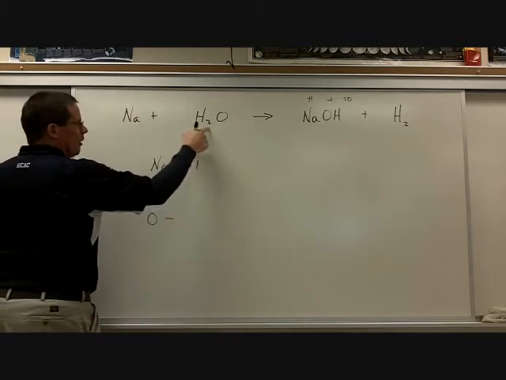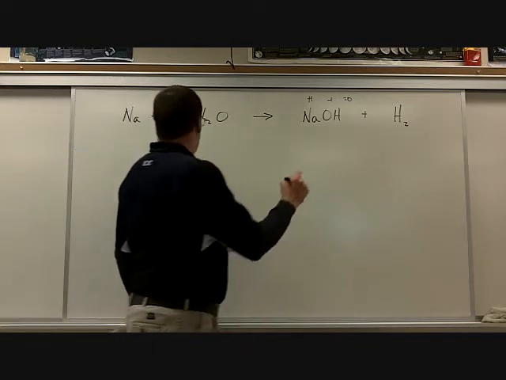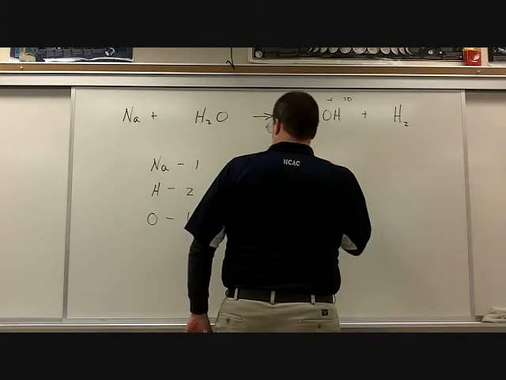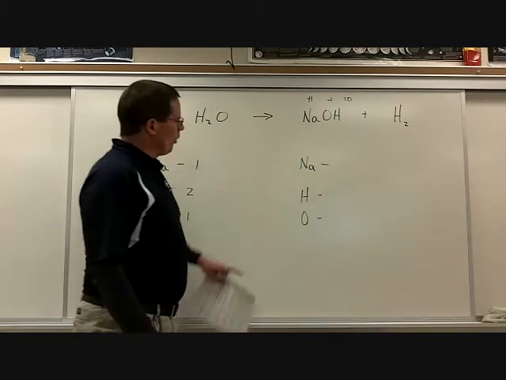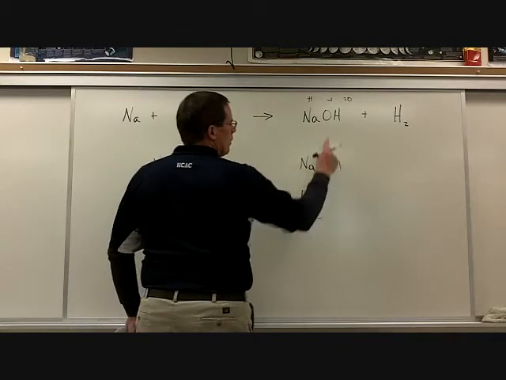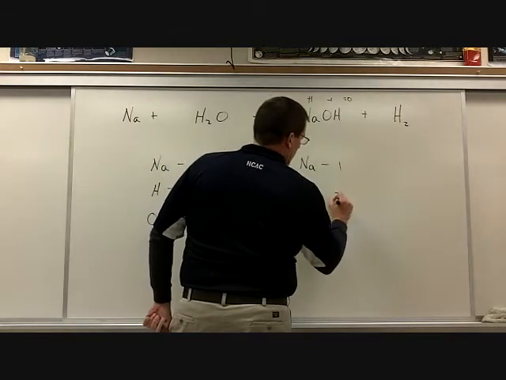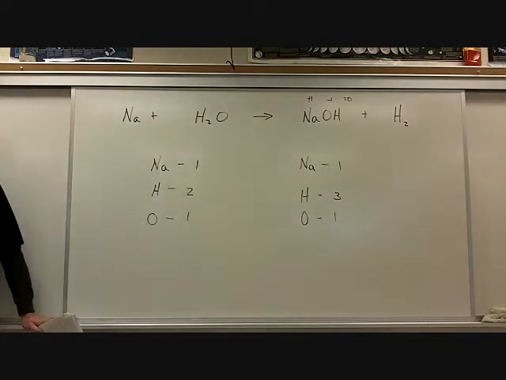How many hydrogens? 2. How many oxygen? 1, okay. Then we'll try to keep it in the same order on the other side. And oxygen. So how many sodiums do we have on the right side? 1. How many hydrogen? 3, very good. Oxygen? 1. When those numbers are the same, your equation's balanced.